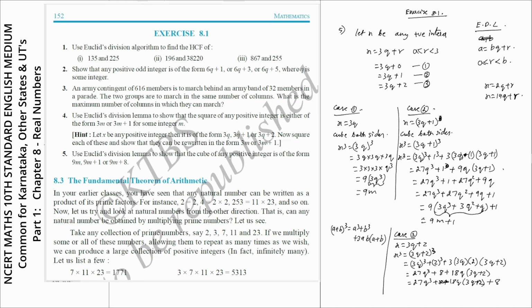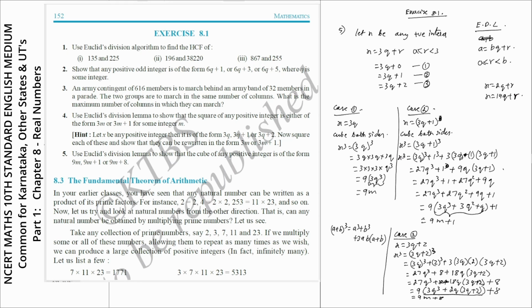Now here if I take 9 common factor, 9 3s are 27, 27q cube, plus 9 2s are 18, so 2q into (3q plus 2) plus 8 I am getting. So here also I can take 9, and if I take this as m, I can write 9m plus 8.